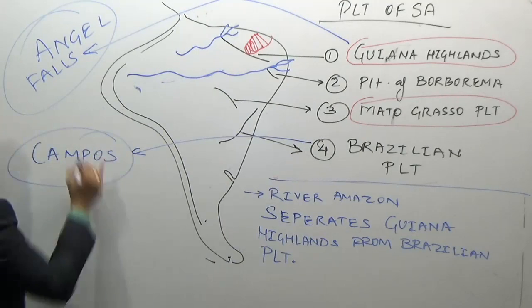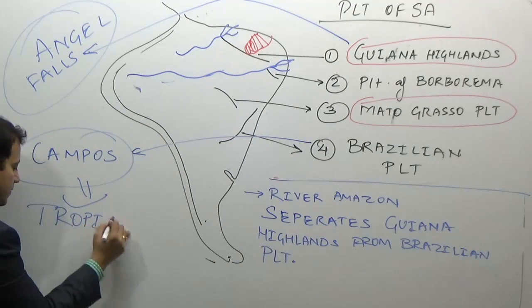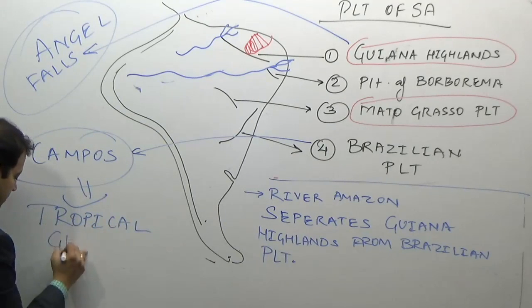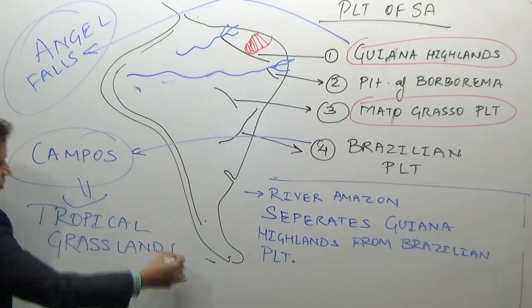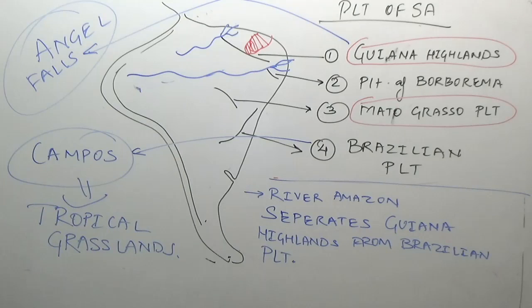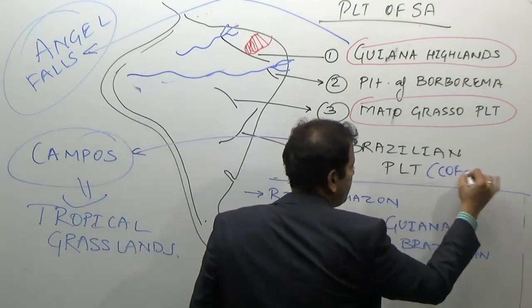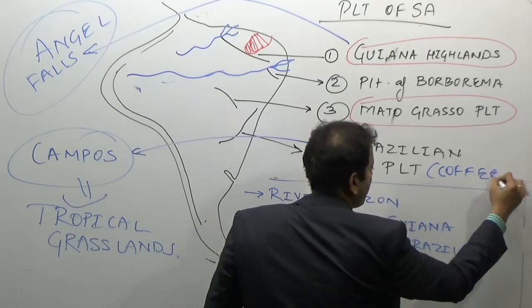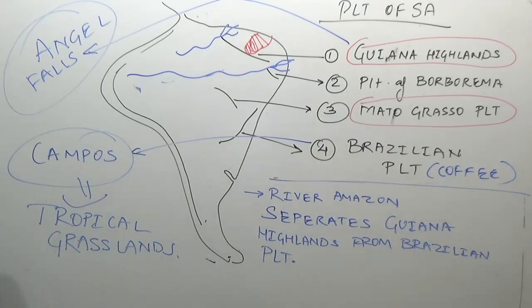These are the tropical grasslands of the Brazilian highlands. Remember, Brazilian highlands are also famous for coffee plantations.